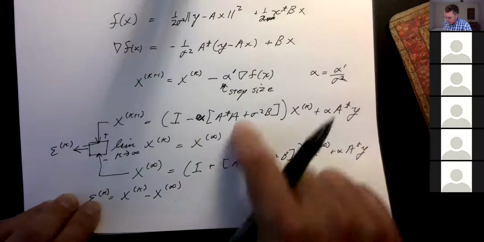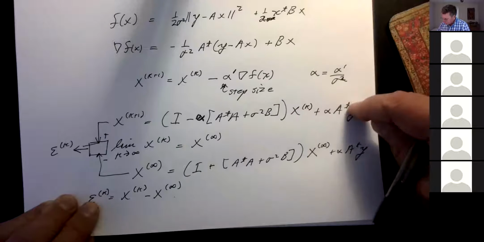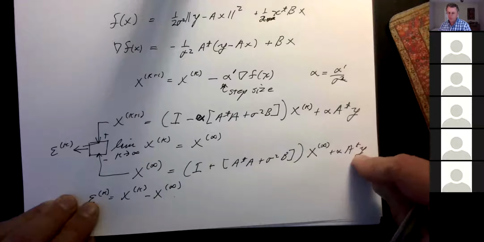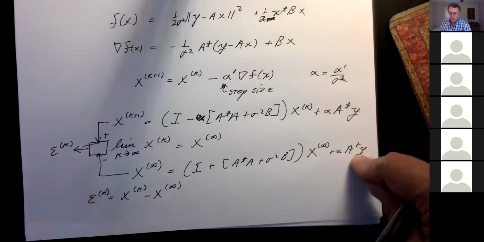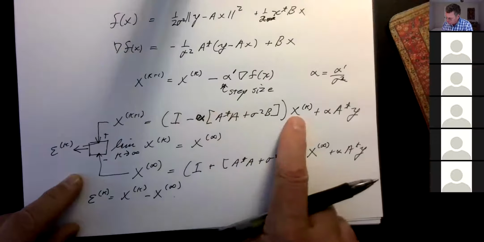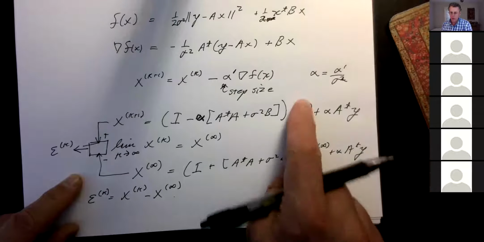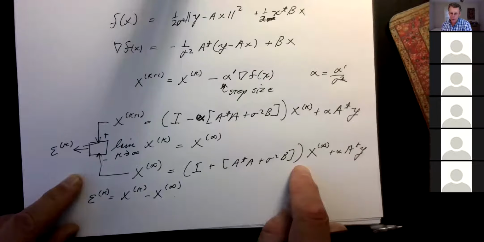So if we subtract these two equations, these two terms cancel because they're exactly the same. These terms are exactly the same, except this is xk and that's x infinity. So you get the difference between xk and x infinity, which is epsilon k. And same thing here.